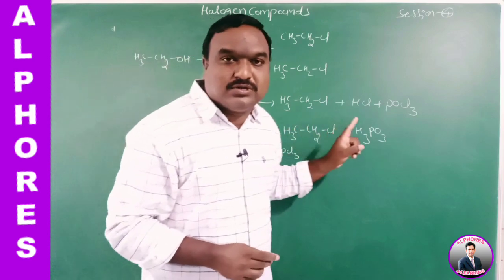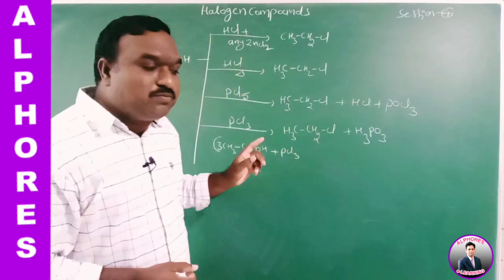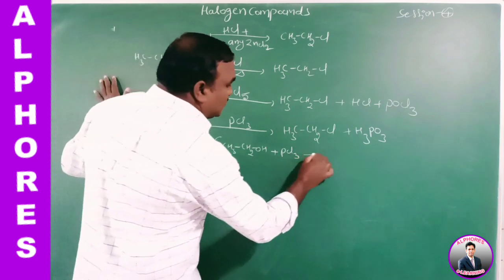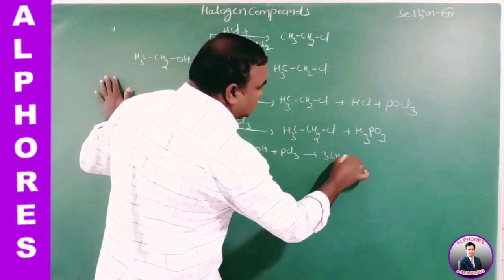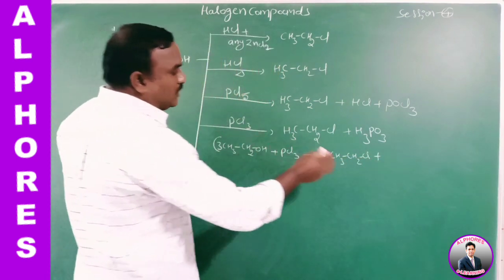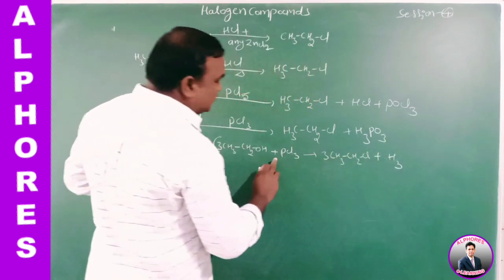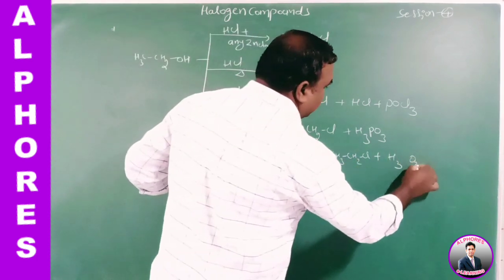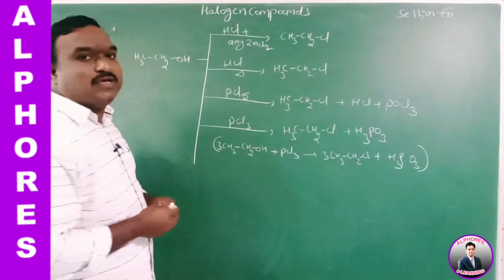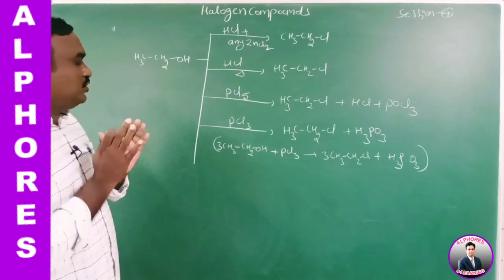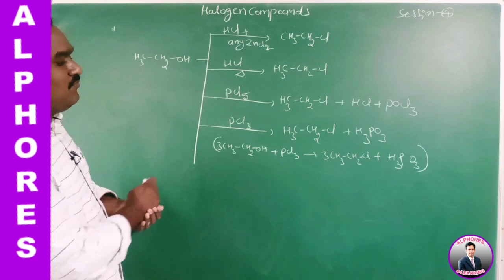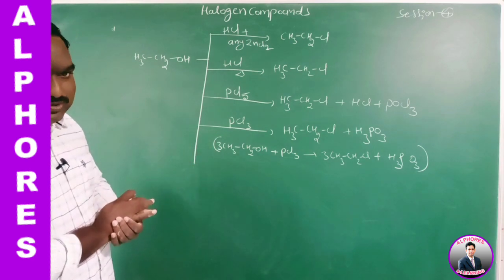Those 3 OH groups are substituted by what? 3 chlorines. So that means 3 moles CH3CH2Cl. Remaining how many hydrogens? 3 hydrogens. Remaining how many oxygens? 3 oxygens. Remaining how many phosphorus atoms? 1 here. H3PO3.